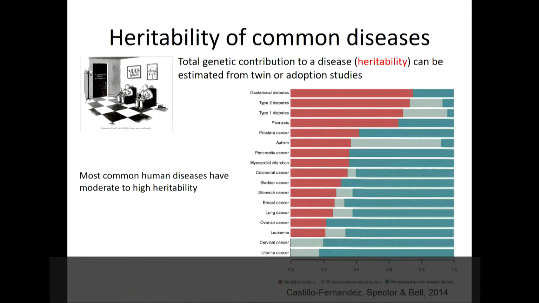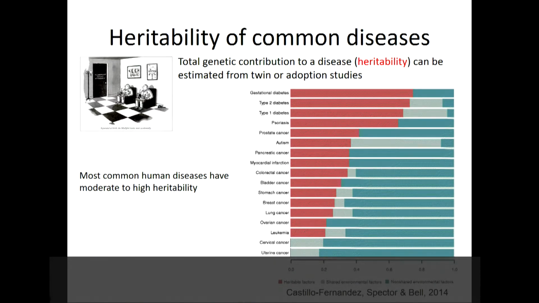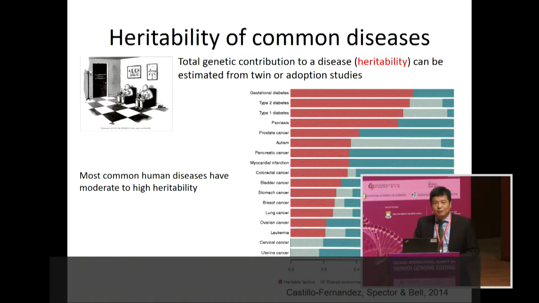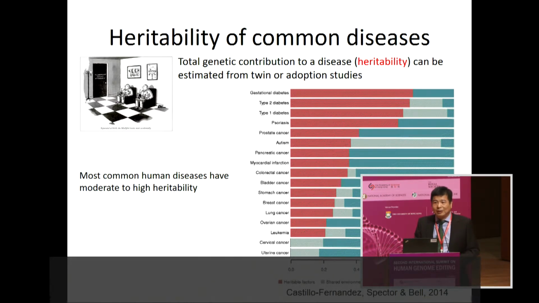We all know that monozygotic twins are often remarkably similar in appearance and personalities, much more so than dizygotic twins, which are 50% genetically the same. This difference can be used to obtain an estimate called heritability, which is the percentage of differences that are caused by genetic factors. This graph shows that for all common human diseases, the heritability is either substantial or at least modest.